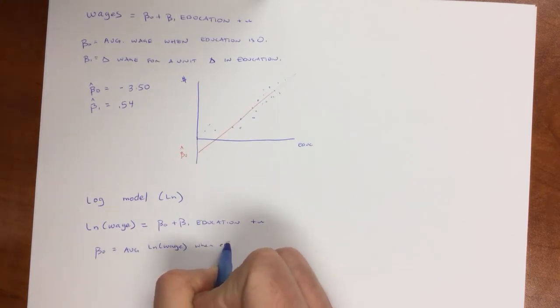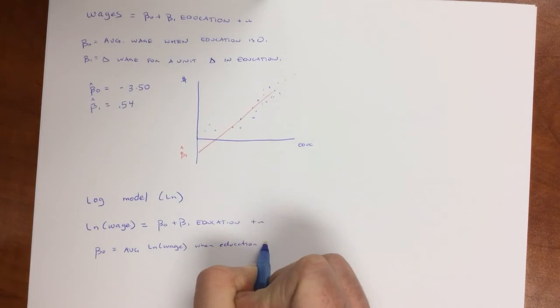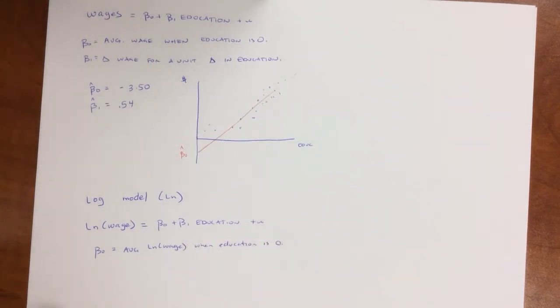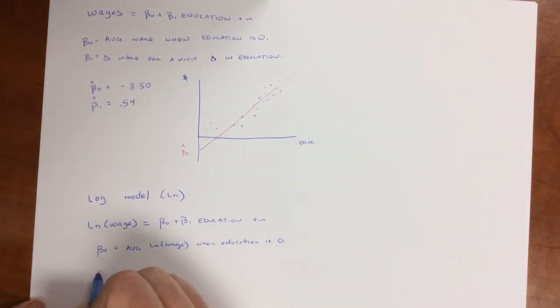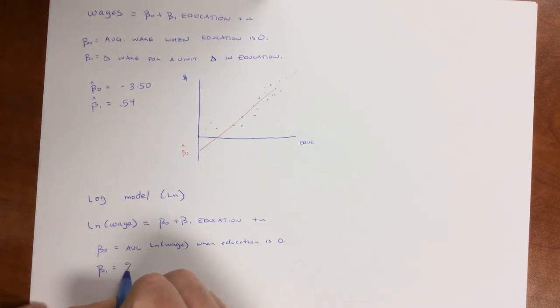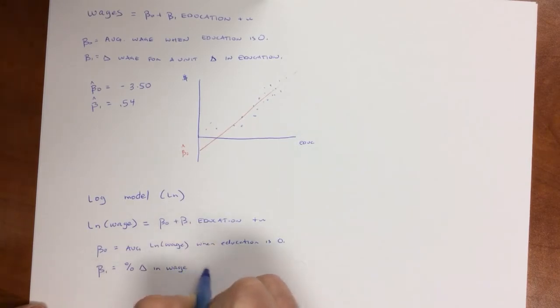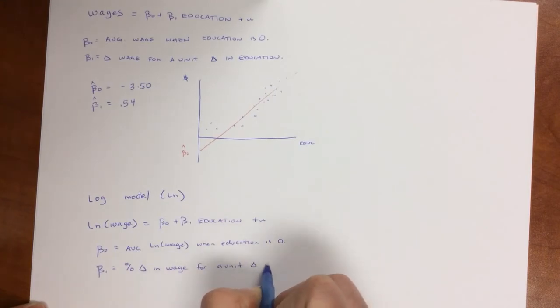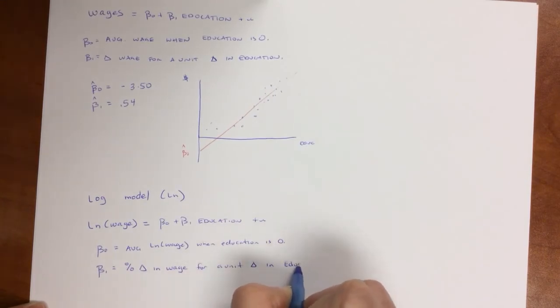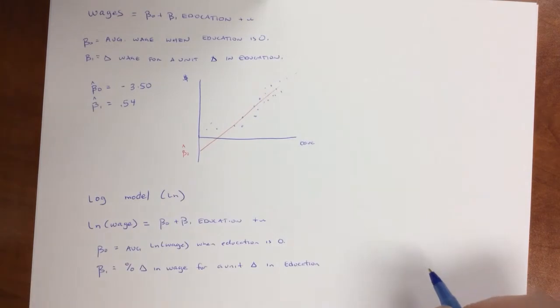when education is 0. So not really a change in our beta naught interpretation. It's just the average y when x is 0, and just understand here that our y is slightly different. Beta 1, though, is going to change. Beta 1 is going to be a percent change in wage for a unit change in education.